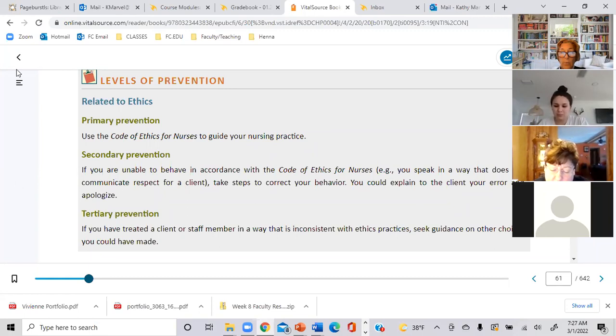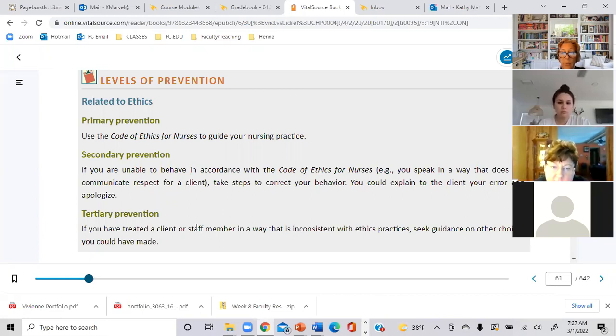So this would be an early identification that there was an issue. You did not speak in a way that communicated respect for the client. So, as early intervention, we have to take steps to correct it. Does that make sense?